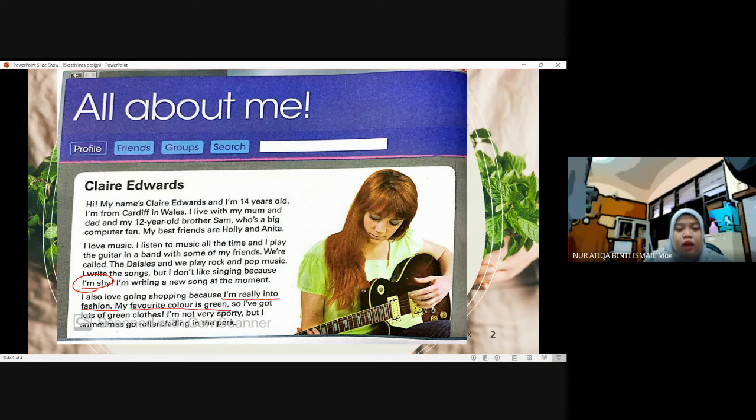Okay, so this is how you write a personal profile. You talk about who you are first, how old are you, and then where you're from, and who you live with. Okay, and then you mention your interests or your hobby. So in this case, Claire's hobby is music, and she is also into fashion, as well as some activities like rollerblading in the park.